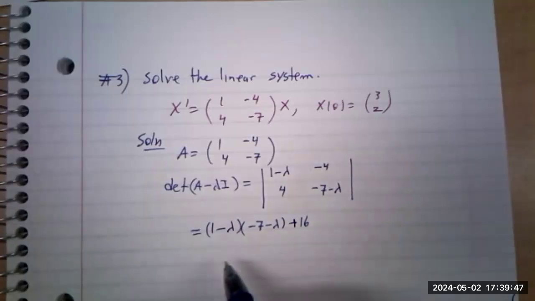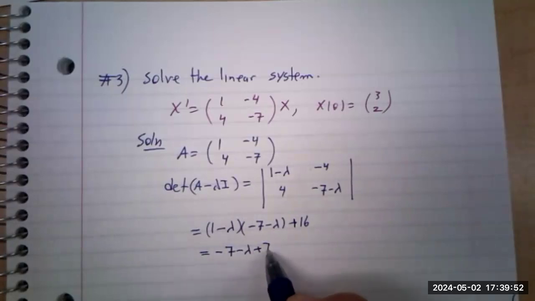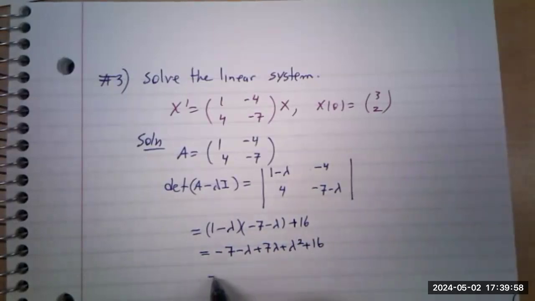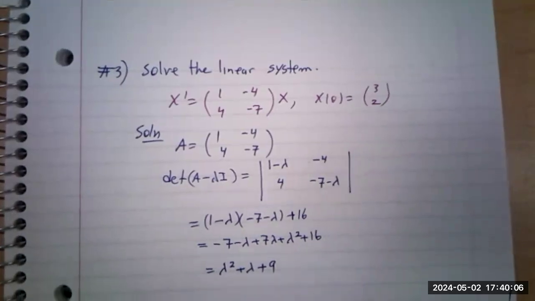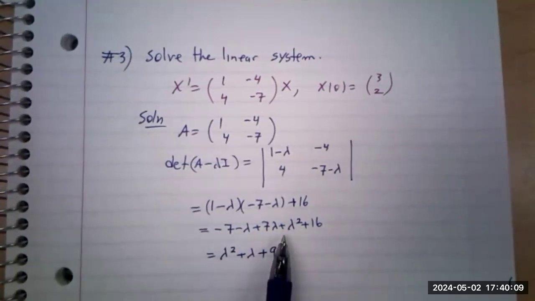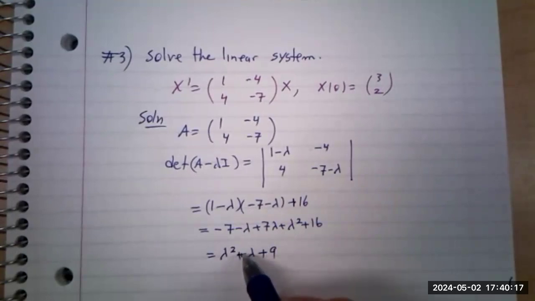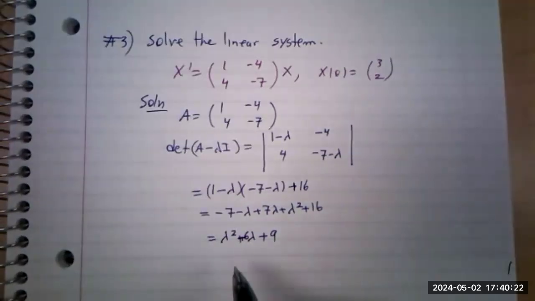Foil it. That gives you -7 minus lambda plus 7 lambda plus lambda squared, and 16. Write it down in quadratic form: lambda squared plus 6 lambda plus 9. That is the solution, lambda plus 3 all squared.